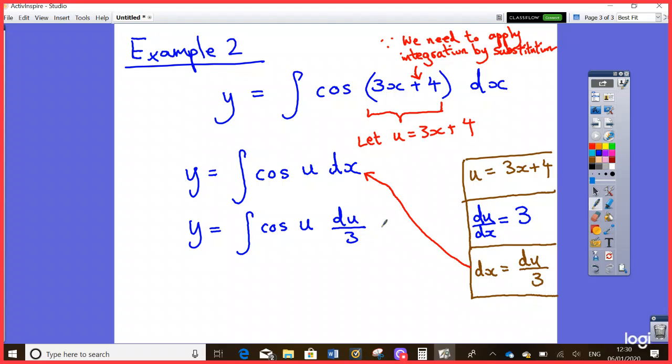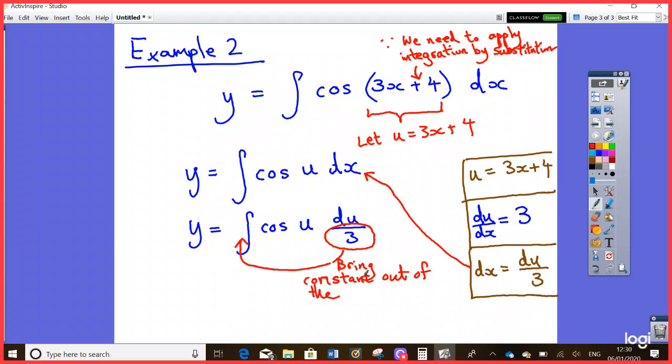Oh, we have a constant. Okay, it's over 3, so let's take the constant out. If I just circle this constant and bring it out here, we bring the constant out of the integral.